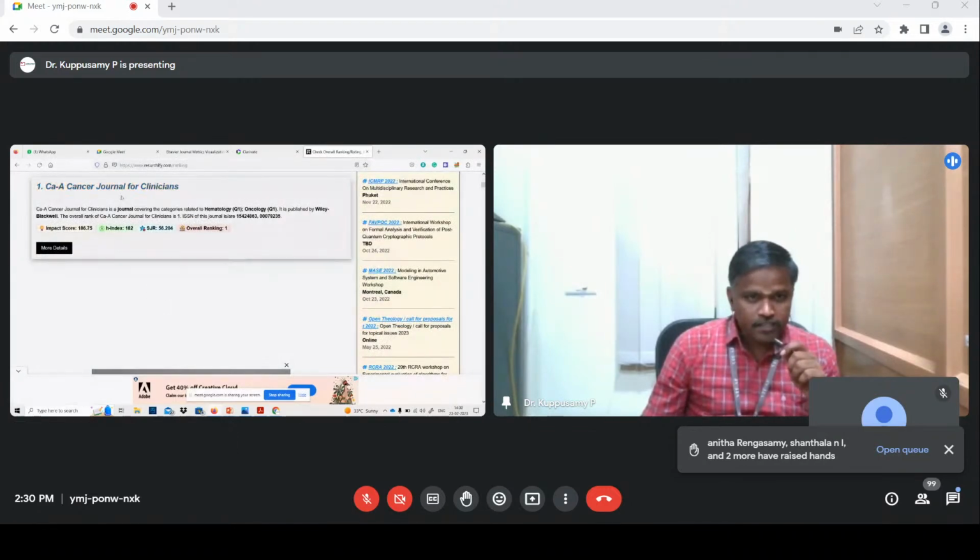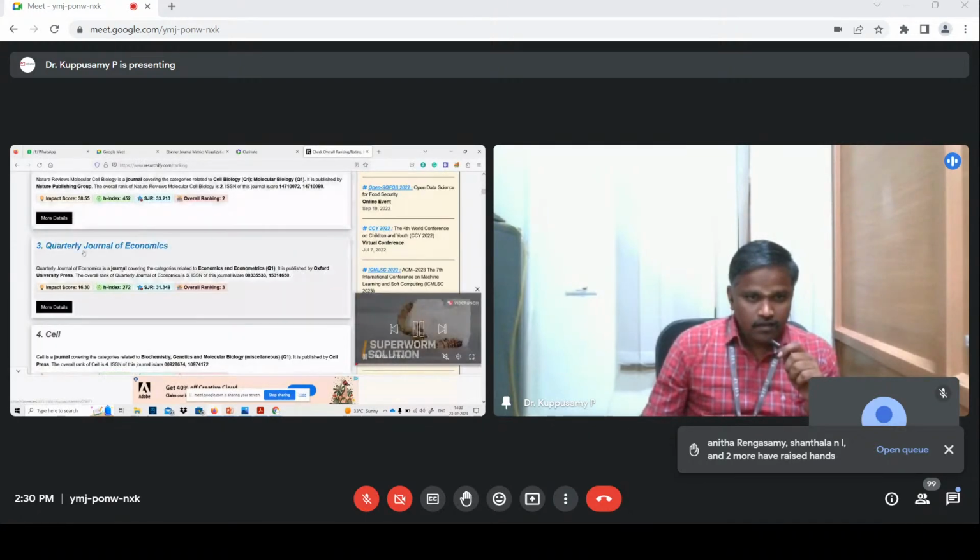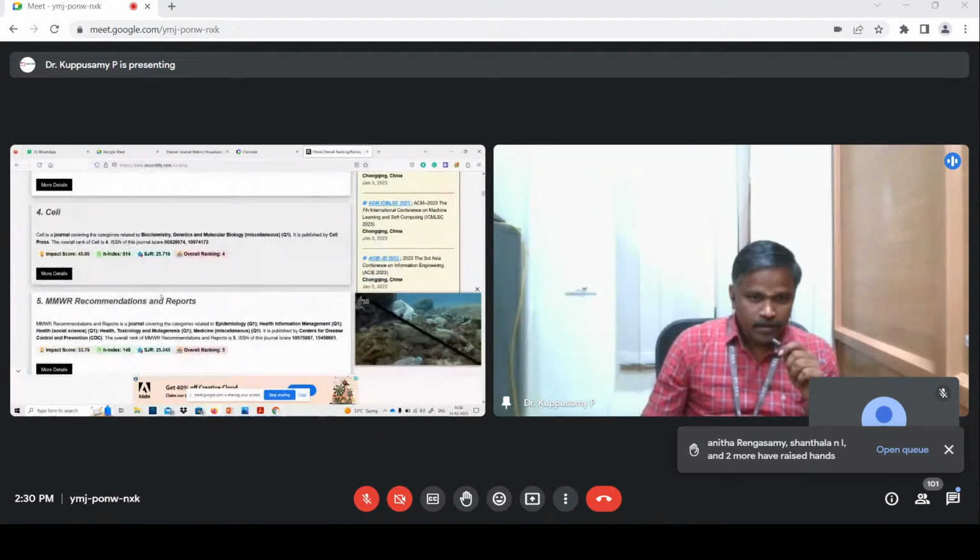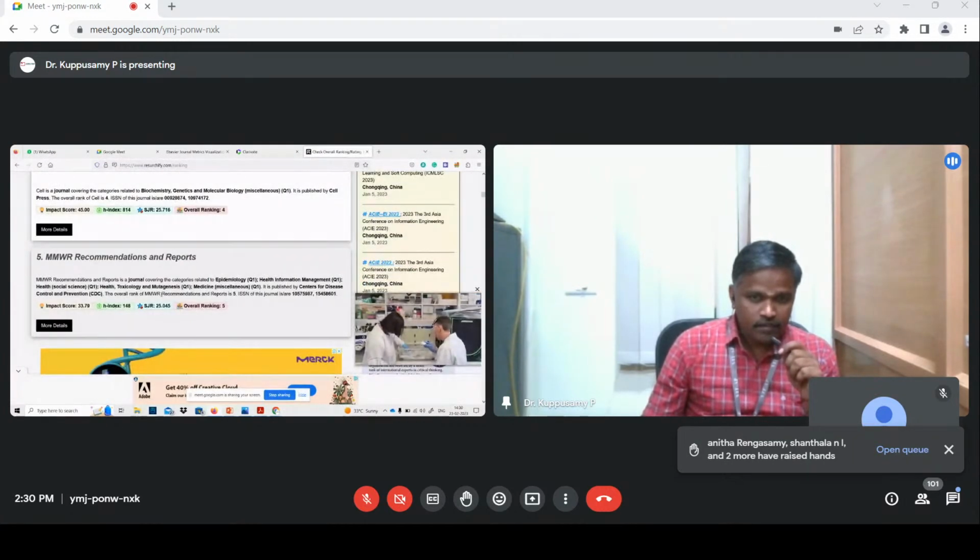So this is Cancer Journal for Clinicians, the impact factor of this particular journal, and this is Journal of Economics. So this is having some score and journal ranking. So here, like this, you can select. I can check the impact factor and the ranking of the journal in the particular domain. Okay. That is the thing.